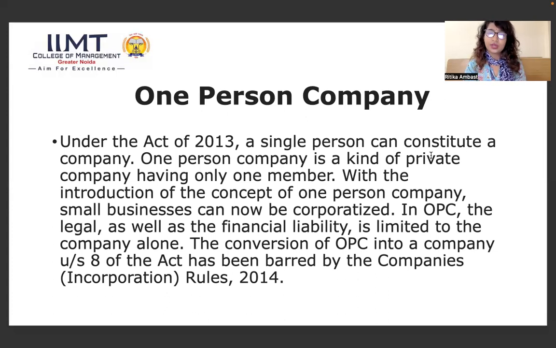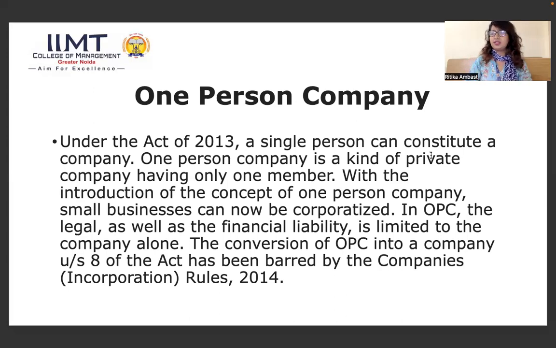With the introduction of the concept of one-person company, small businesses can now be corporatized. In an OPC, the legal as well as the financial liability is limited to the company alone. The conversion of an OPC into a company under Section 8 of the Act has been barred by the Companies Incorporation Rules 2014.